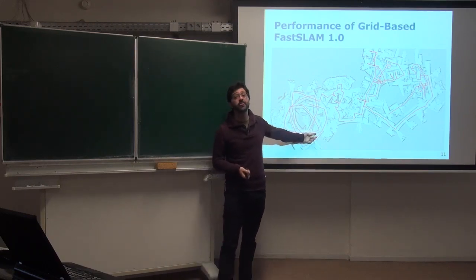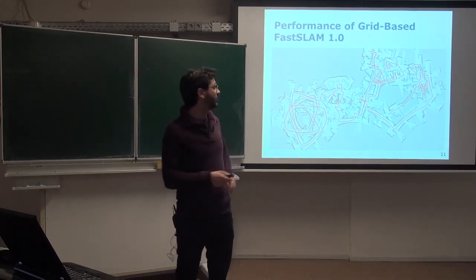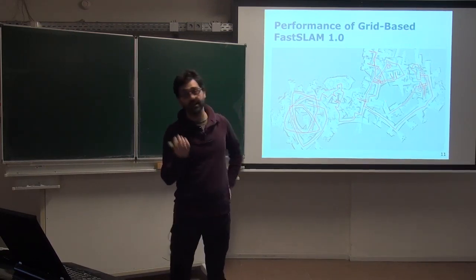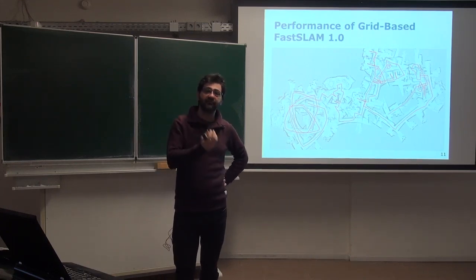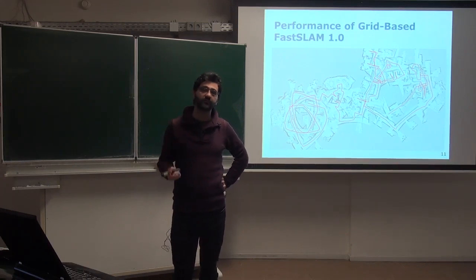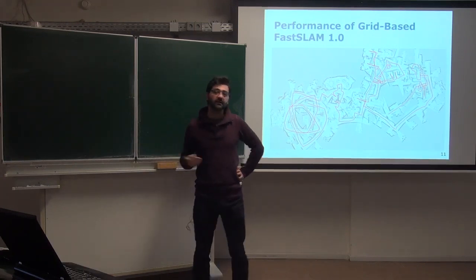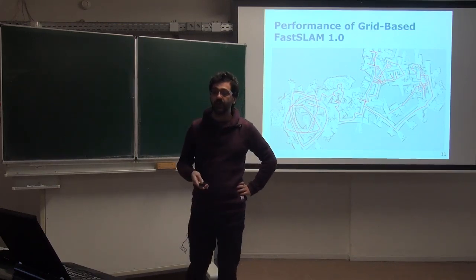That's what we obtain. The problem is that memory requirements are much higher, so we need to find a way of reducing the number of particles while still having a good representation of the posterior distribution, to be able to get a map of good quality.